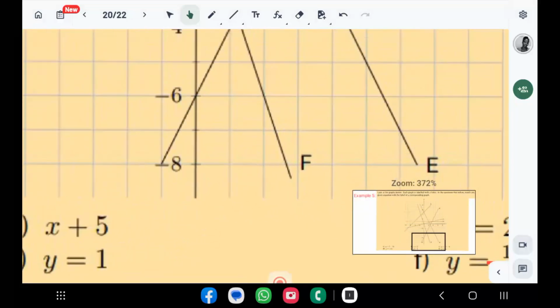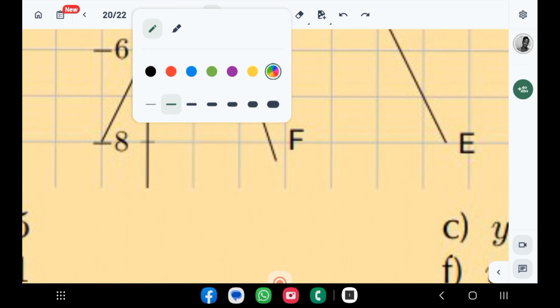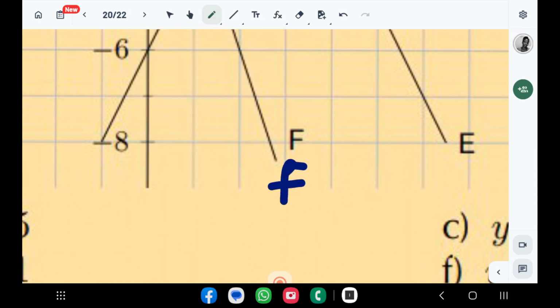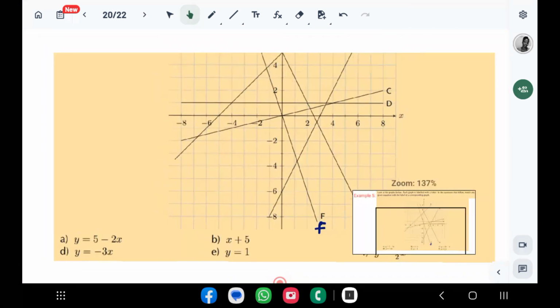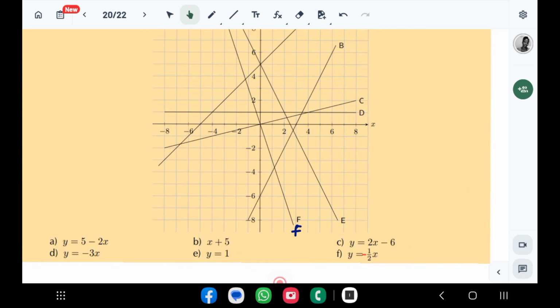This is number F, small f. That is small f. This one is small f. Okay, the other one with a negative gradient is this one, E. And here is the one with a negative gradient.